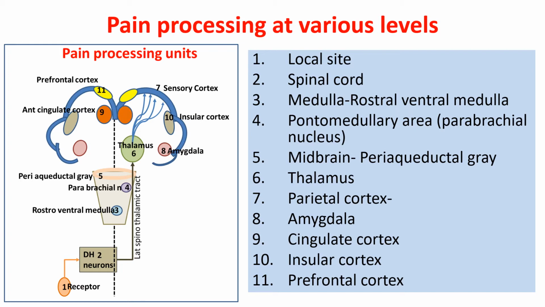Then the pontomedullary junction, that is the parabrachial nucleus, and the midbrain, thalamus, parietal cortex, cingulate cortex, that is the anterior cingulate cortex, insular cortex, and then prefrontal cortex. We will try to look into the processing in all these areas.